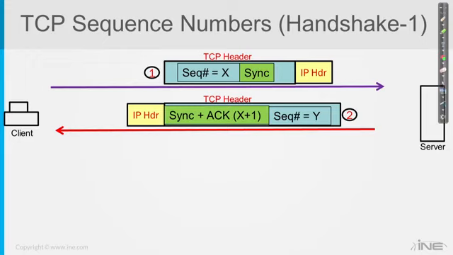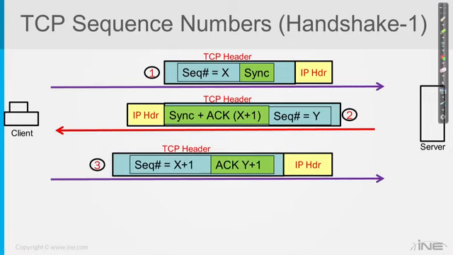Both sides have sequence numbers for every byte. And in his SYN plus ACK, notice what he's doing. Whatever my initial sequence number was, he's taking that number and adding 1 to it. And then same thing, I take his sequence number of Y, and when I acknowledge it, I add 1 to that. Now at this point, no data has been sent.